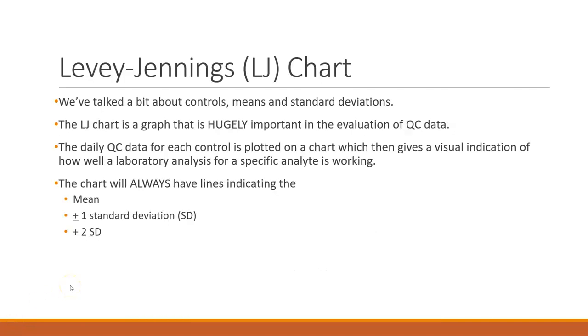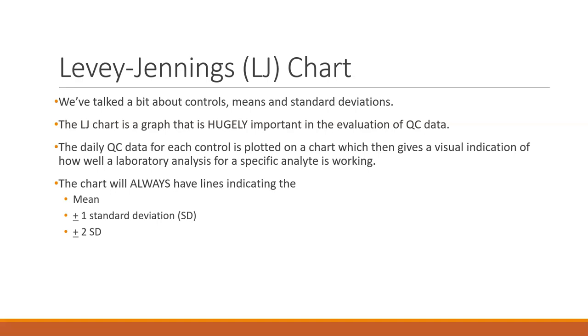So we've talked a bit about controls and means and standard deviations in the Gaussian curve. The Levy-Jennings chart is a graph that is hugely important in the evaluation of QC data. So what we do is the daily QC data for every control is plotted on a chart, which then gives a visual indication of how well a laboratory analysis for a specific analyte is working.